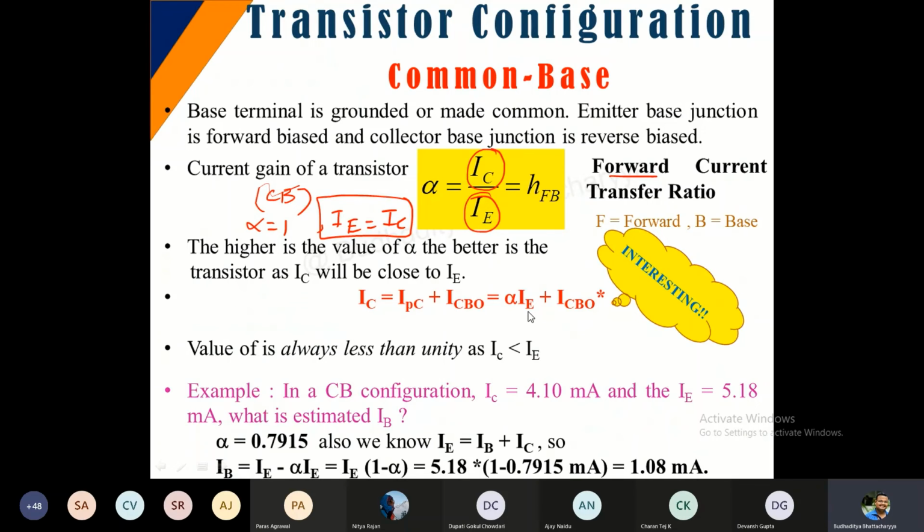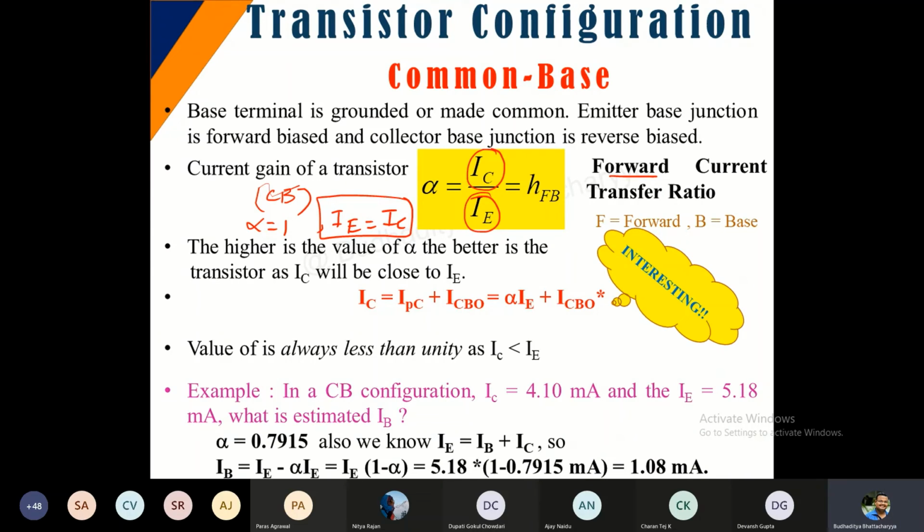So a relationship that was entirely dependent on the collector current has now been related to the emitter current as well. If I know the leakage current ICBO, and I know the emitter current, and we specify an alpha which magnifies the current to a certain extent, then we can find the expected collector current at the output.